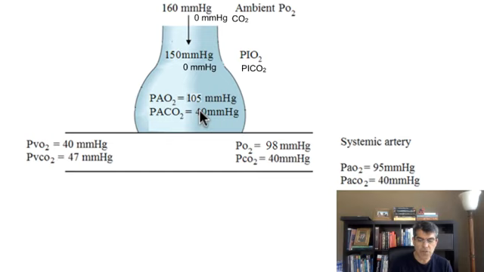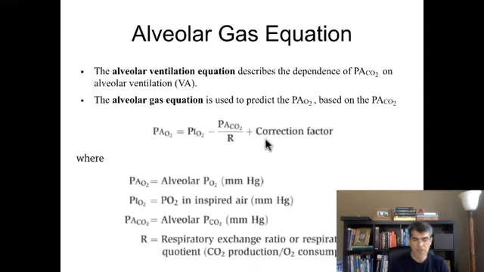Or if the PaCO2 goes from 40 to 30 and 20, how is your PaO2 going to change? We already know that. We said when the share of CO2 goes up, the share of oxygen is going to go down. When the share of CO2 goes down, the share of oxygen is going to go up. But how much? Well, that can be explained by this formula. It's called the alveolar gas equation. The equation is right here.